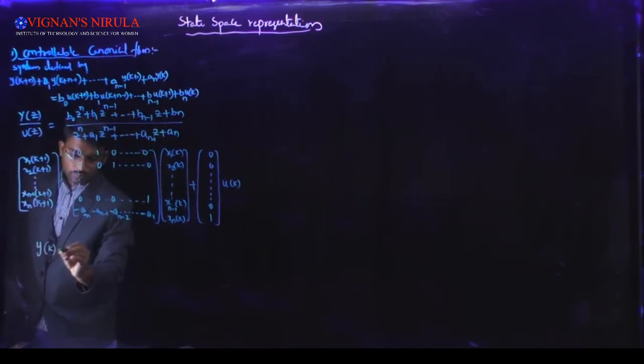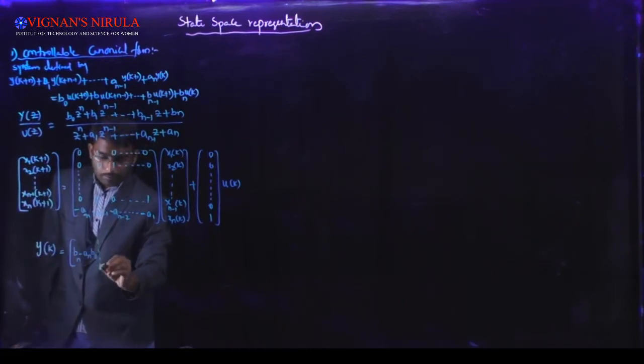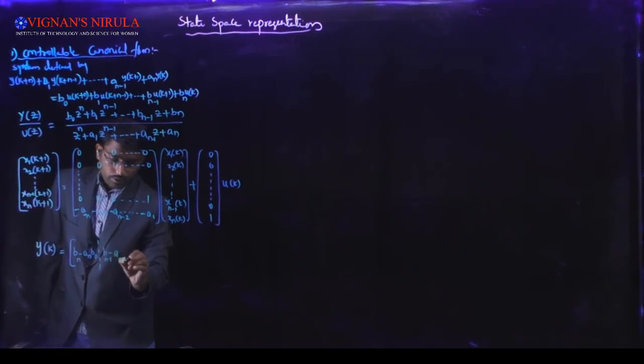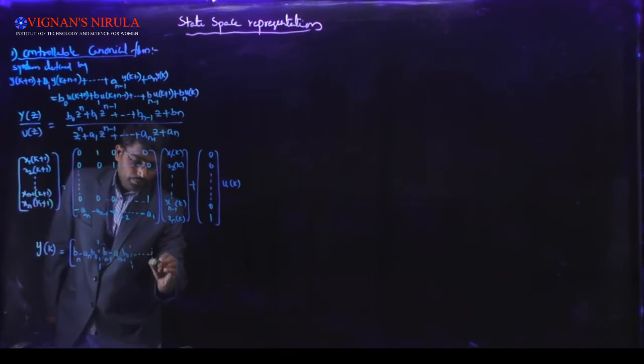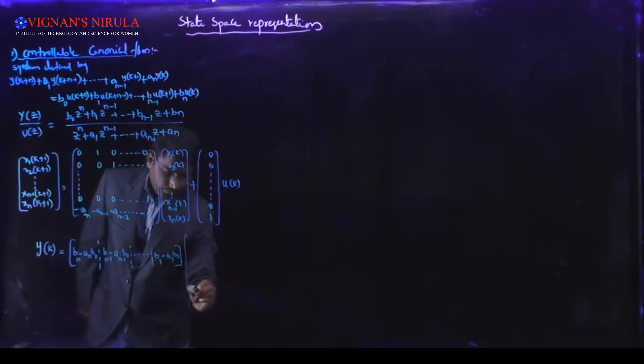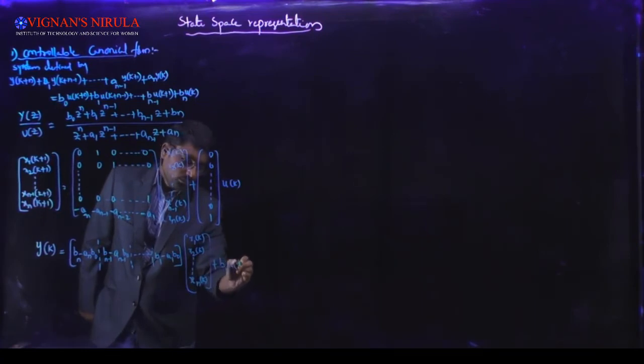The output equation becomes y of k equals bn minus an into b0 as the first element, followed by bn minus 1 minus an minus 1 into b0, and so on, with the last element b1 minus a1 into b0, multiplied by x1 of k, x2 of k, and so on up to xn of k, plus b0 into u of k.